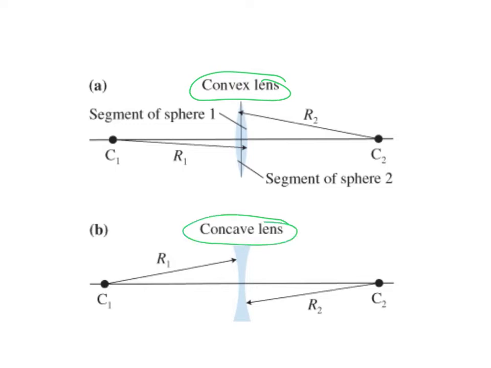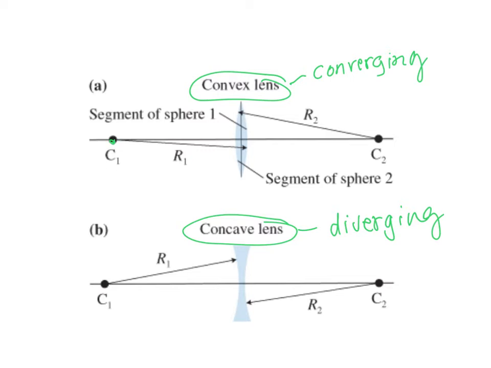A convex lens is sometimes called a converging lens, and a concave lens is sometimes called a diverging lens, which you'll see why in a minute. The rays pass through the lenses in both cases, and in one case they converge to a point, and in the other case they diverge away from each other as they pass through the lens.